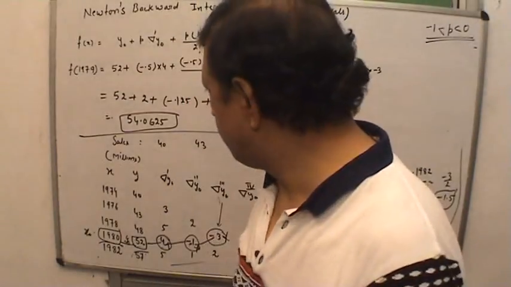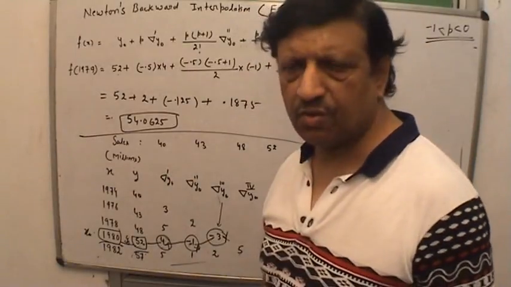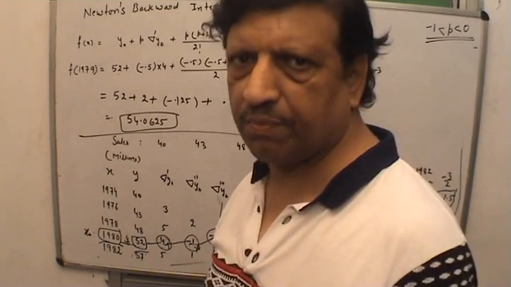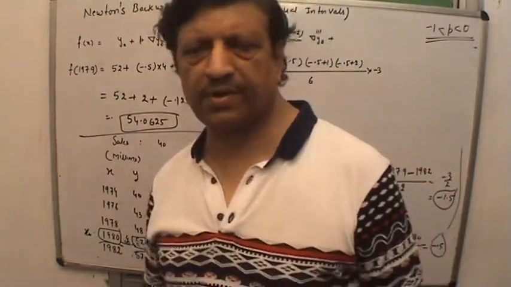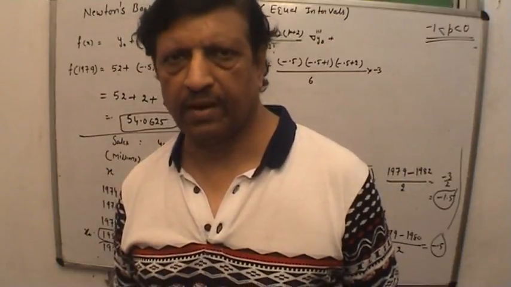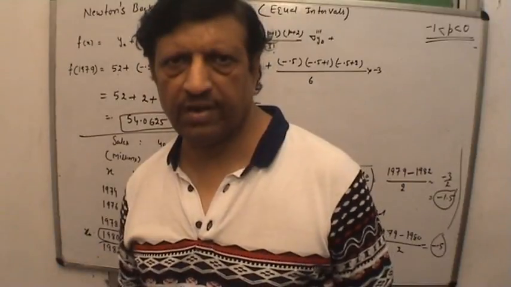That is the only difference. Again, if x is not provided, it means the point of interpolation is not provided, these calculations will be converted into the polynomial, maybe quadratic or maybe cubic according to the given values.